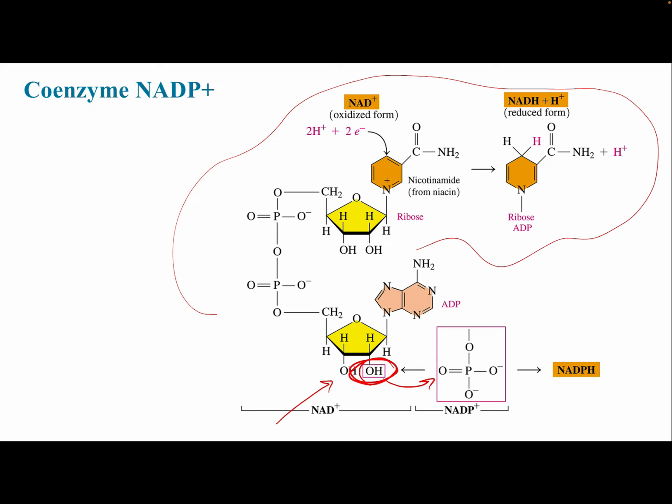We call it nicotinamide adenine dinucleotide phosphate. It's used in anabolic reactions such as lipid or fat synthesis and even nucleic acid synthesis. So we don't see it used as much in catabolism as we do in anabolism. It's very similar to NAD+. And again, the only difference is that 2' OH group.